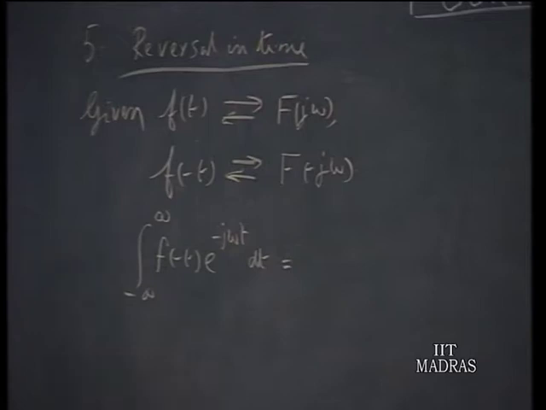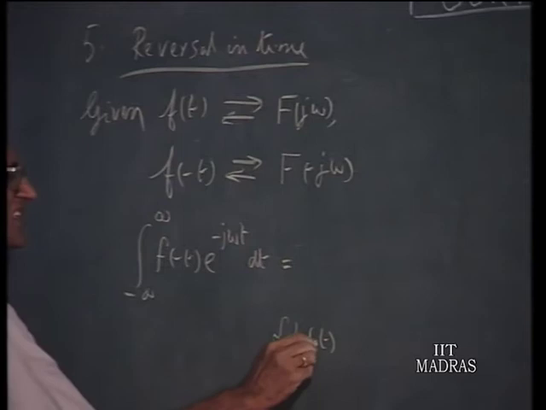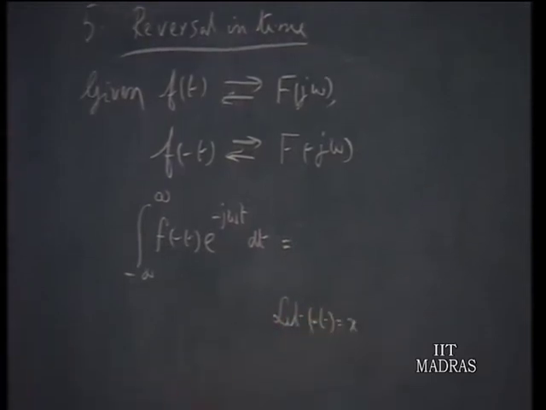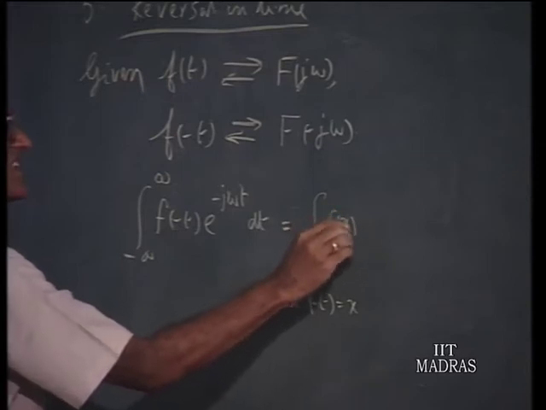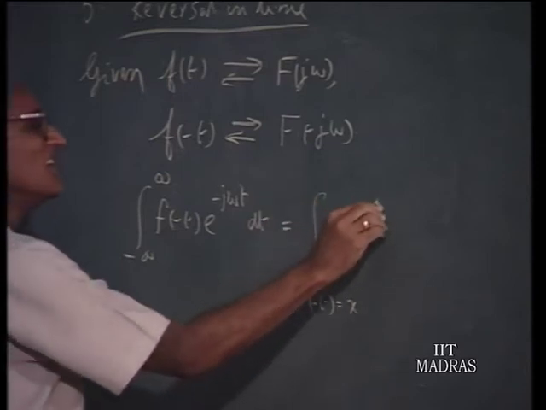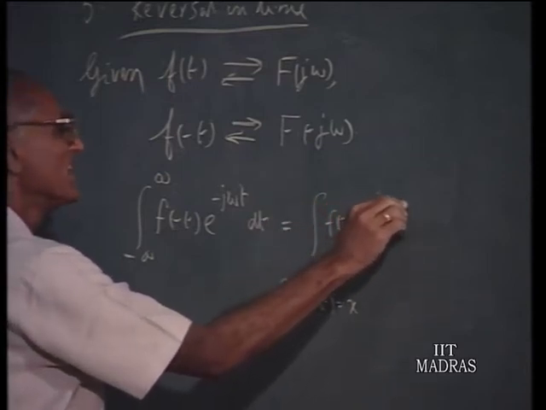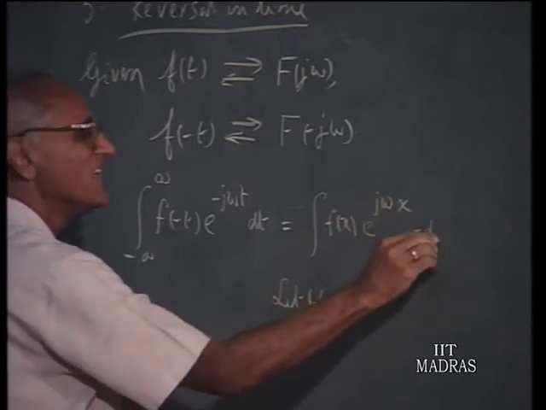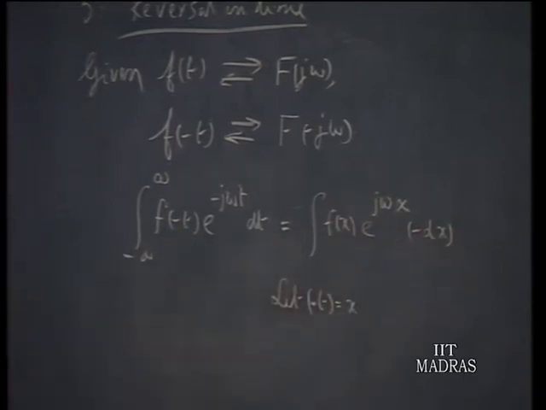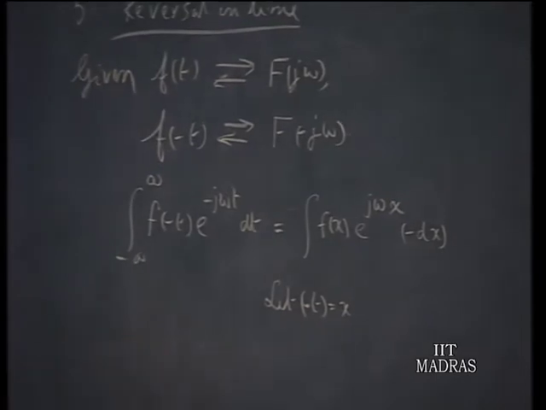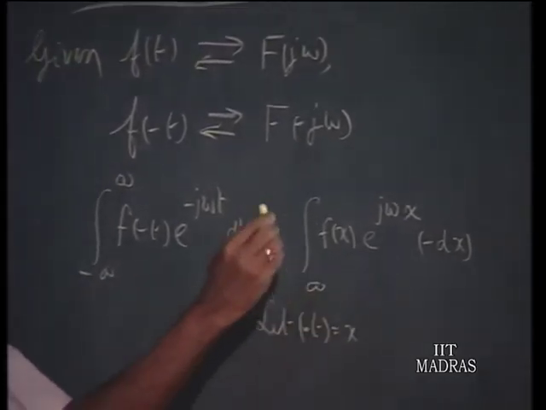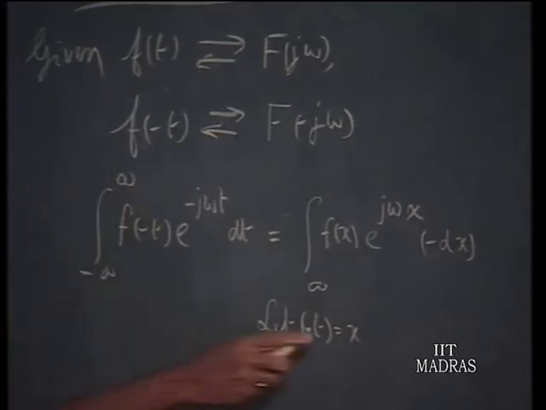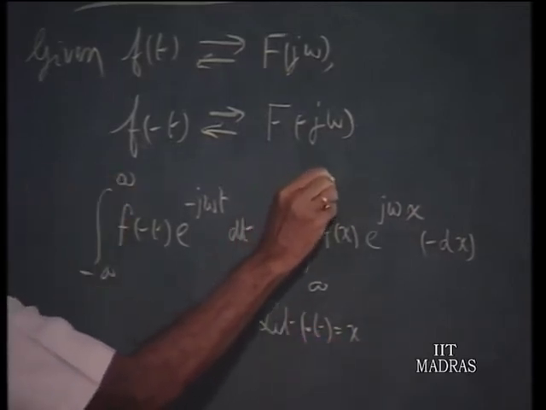You can replace, let minus t be x, then I can write this as f of x e to the power of j omega x, minus dx. For dt I will put minus dx, and when t equals minus infinity, x will be plus infinity, and when t equals plus infinity, x is equal to minus infinity.